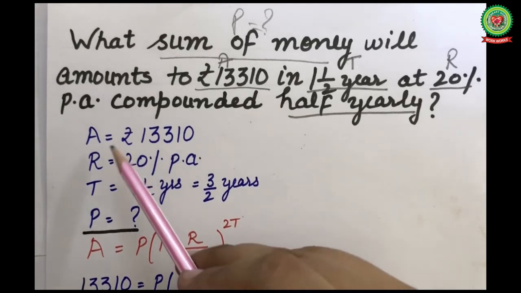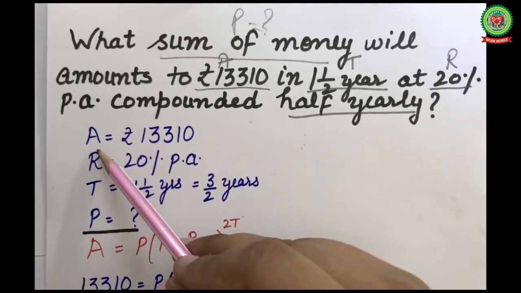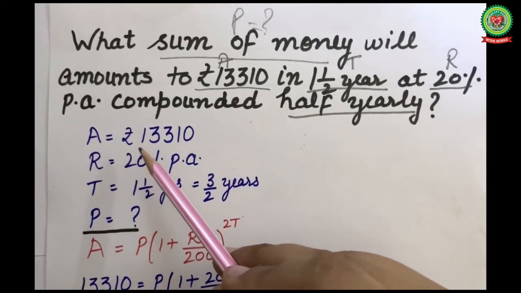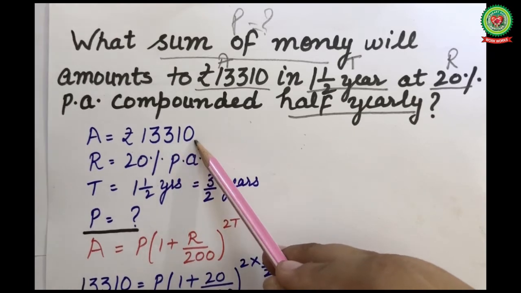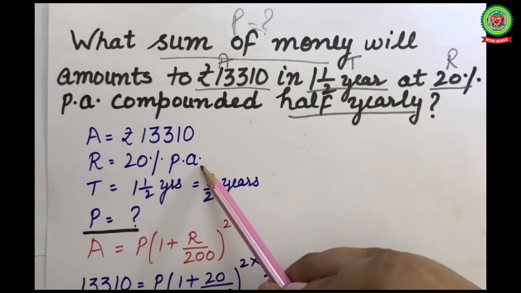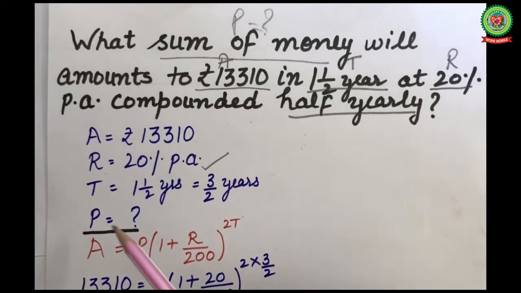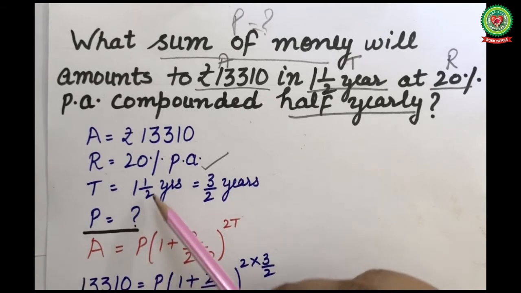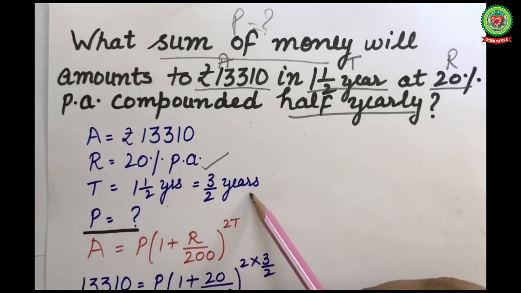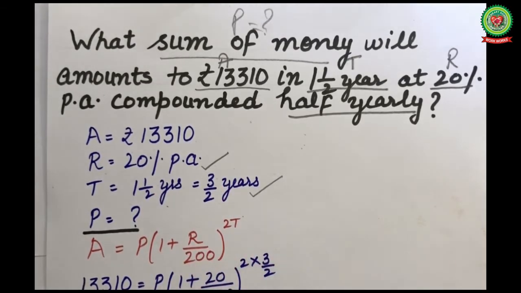So we have written down what is given to us, that is amount is equal to rupees 13,310, rate is equal to 20% per annum, time is equal to 1.5 years, that is 3/2 years, and principal is equal to question mark, that is we need to find.